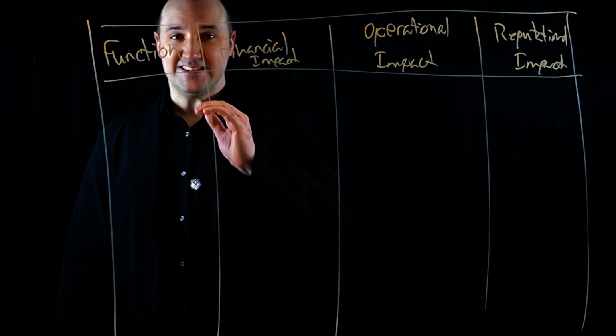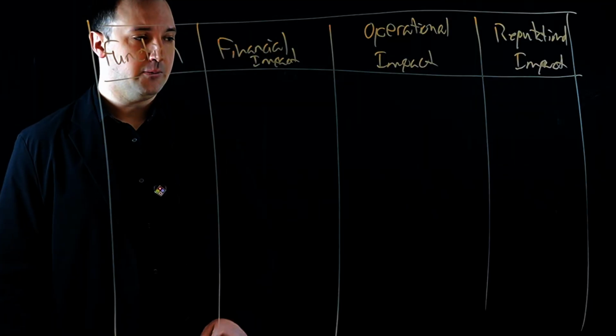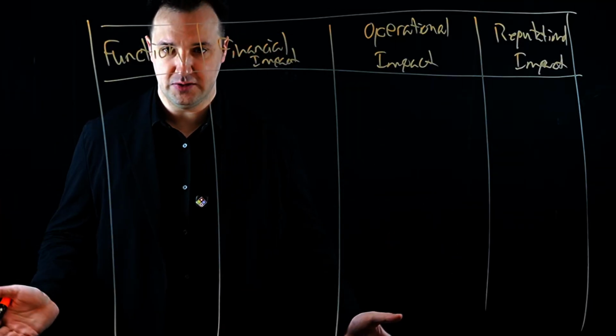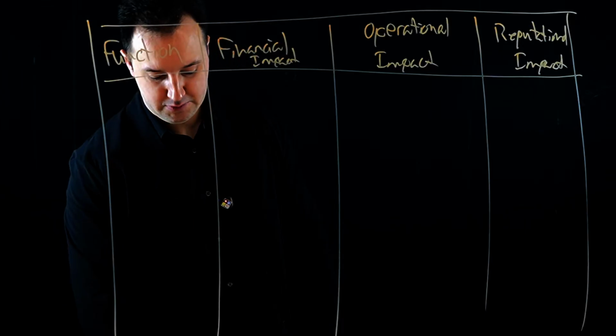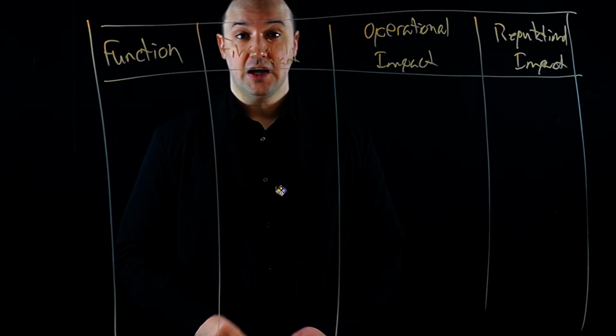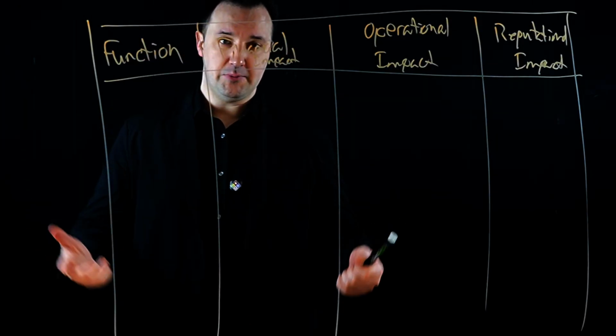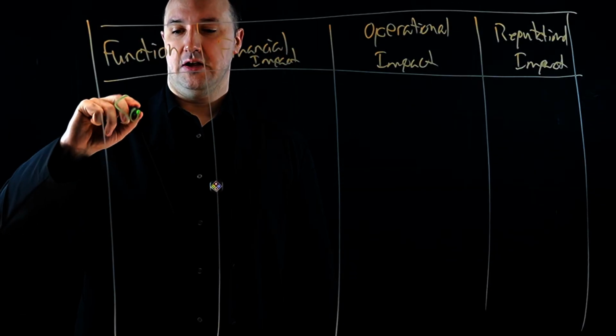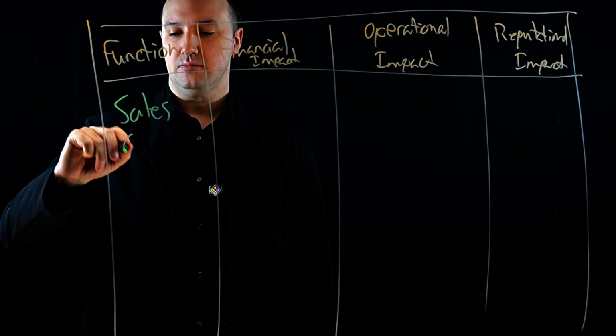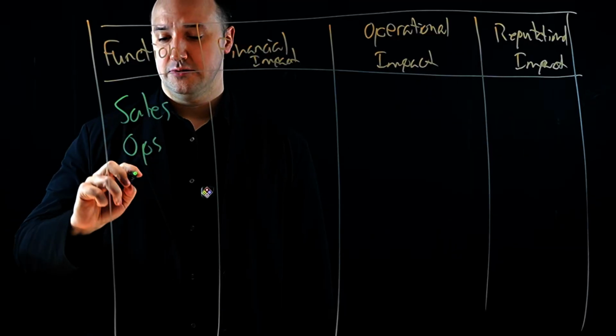You then have to list the functions that you made. I'm going to put some various ones in here for an example, but you don't have to necessarily use these. You would use obviously the ones that you came up with, or if this is process, same idea, you would list the processes. So I'm going to put in good old sales, ops or operations.